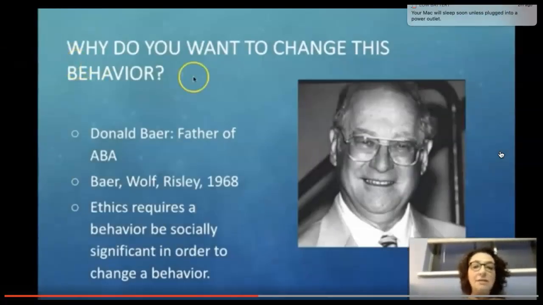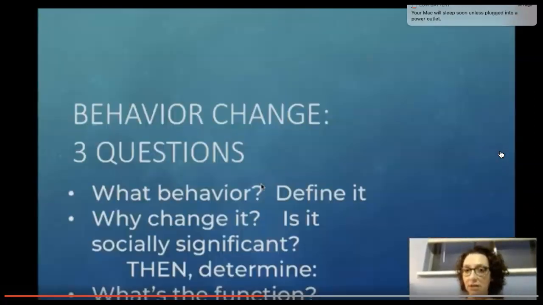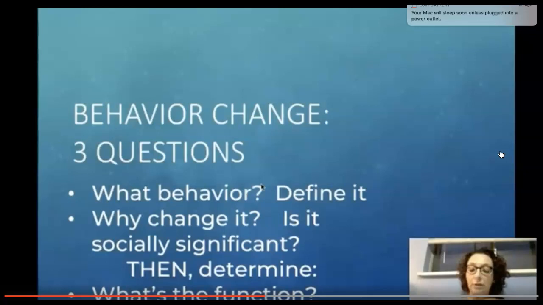All right, so why do we want to change behavior? We want to make sure that all of the behavior that we want to change is socially significant to the student. And I think most behaviors that we look at within a school are going to be for the benefit of the student. We always have to make sure that we're trying to make a change for the benefit of the student.